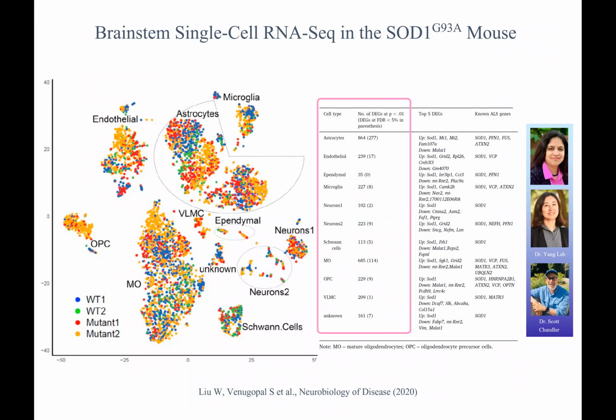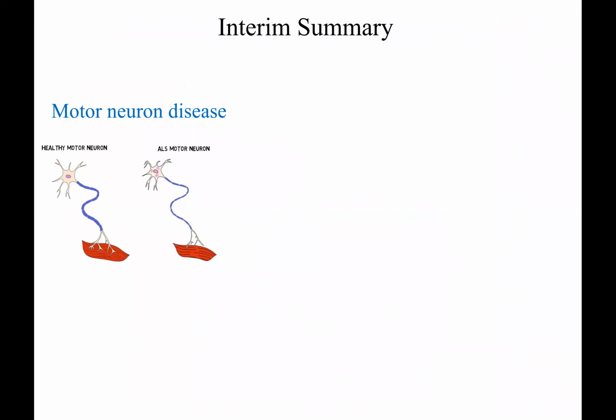So I'm going to quickly go through this and give the interim summary so far. Like I said before, we are studying a neurodegenerative disease, which is a motor neuron disease.